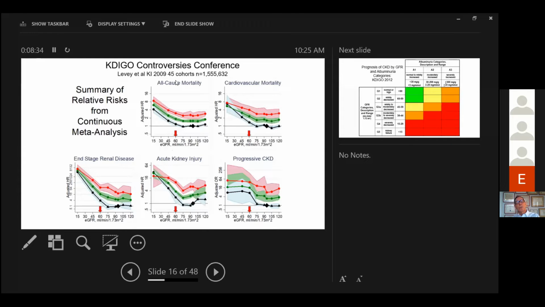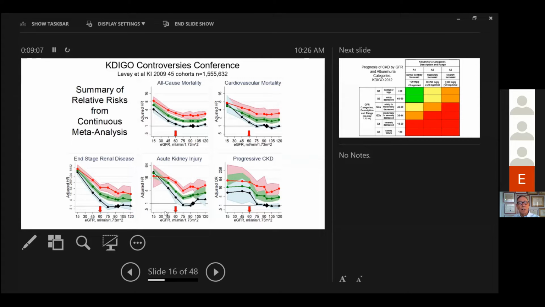A controversy arose because of the high prevalence of earlier stages of CKD, more than expected, and therefore the Chronic Kidney Disease Prognosis Consortium was born, which analyzed data from 45 cohorts, 1.5 million people at the time, relating outcomes of CKD, including all-cause mortality, cardiovascular mortality, ESRD, AKI, and progressive CKD, to GFR.